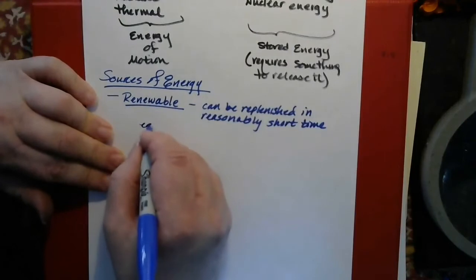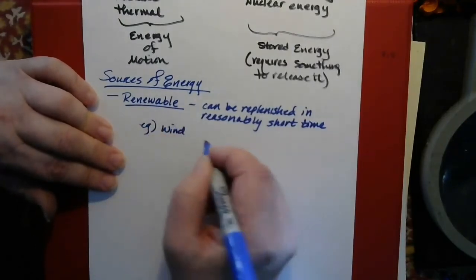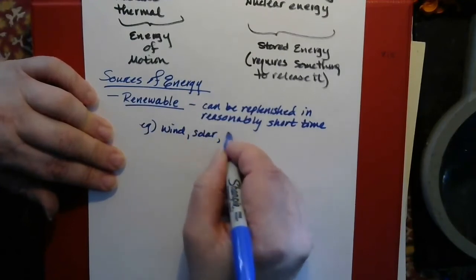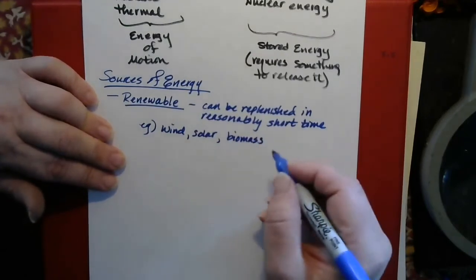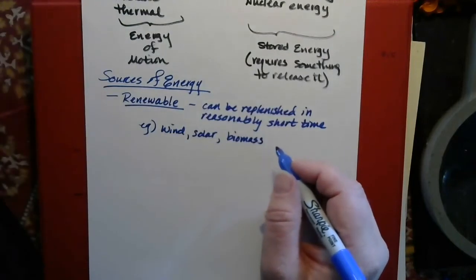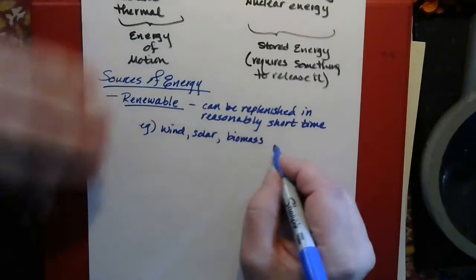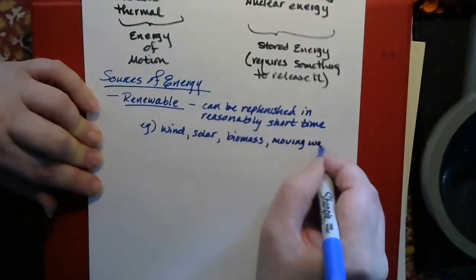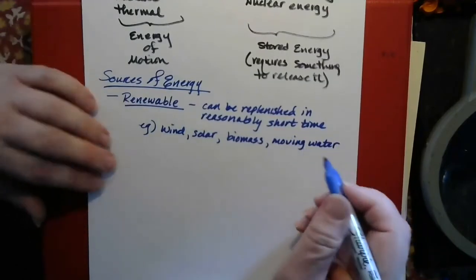So some examples of renewable energy would be wind, solar, biomass, so that would be like composting energy or extraction of methane from garbage dumps, and moving water, like hydropower, like Niagara Falls.